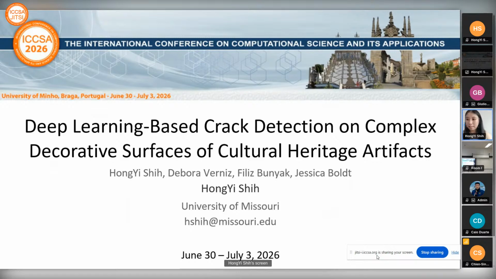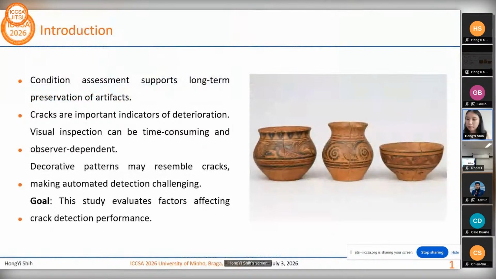Good morning, everyone. This is Hongyi Shi from the University of Missouri, Columbia, and I'll start with my presentation. In museum collection management, condition assessment is commonly conducted for long-term preservation purposes.